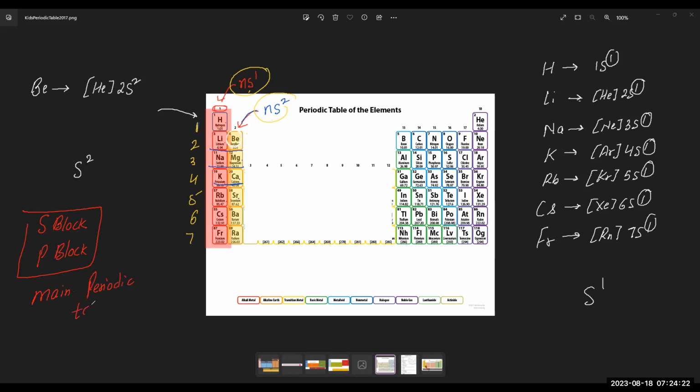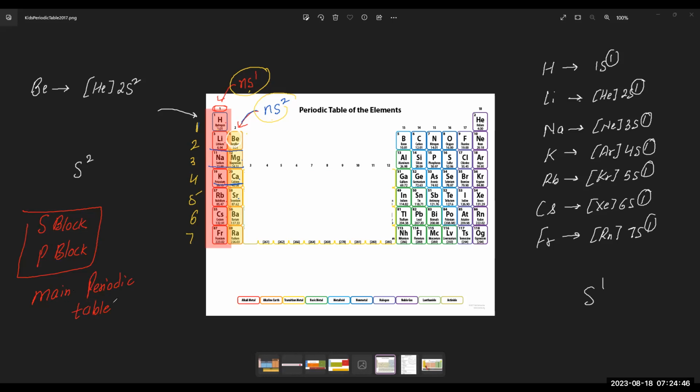Most of the chemistry you are learning in AP chemistry is from here. So you will hardly be doing any d block chemistry and f block. F block you will not touch, but d block, yes, maybe you'll do some configurations, ions. We'll talk about something about d block, but not f block.